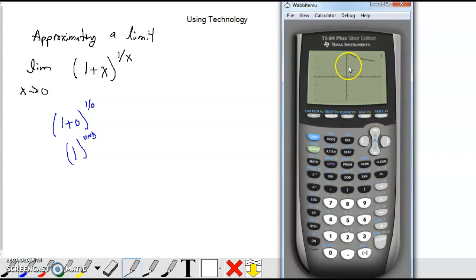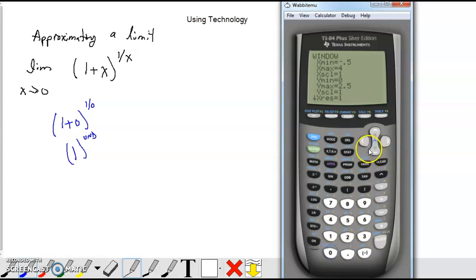Did I zoom too high? I did. So if I change my window, it looks like I need my max to be 4. Let's make my x min 0. All right, that didn't help too much. Oh, I changed my x-axis. That's not what I wanted to change. So let's go negative 0.5. I want to change my y value.